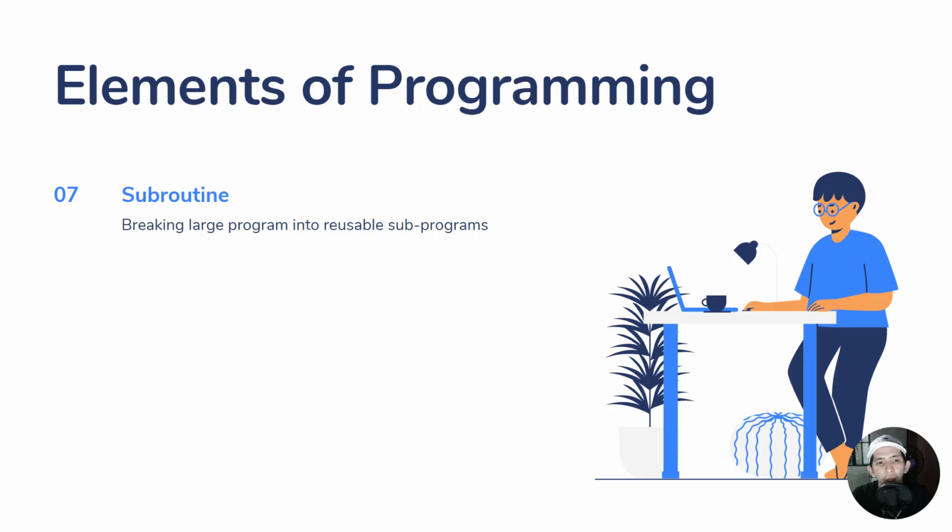Hindi na tayo mahihirapan na paulit-ulit yung ginagawa natin. So, that is an example of subroutine. Again, the 7 elements of programming are input, data, operations, output, conditional execution, loops, and lastly, the subroutine or function or module.